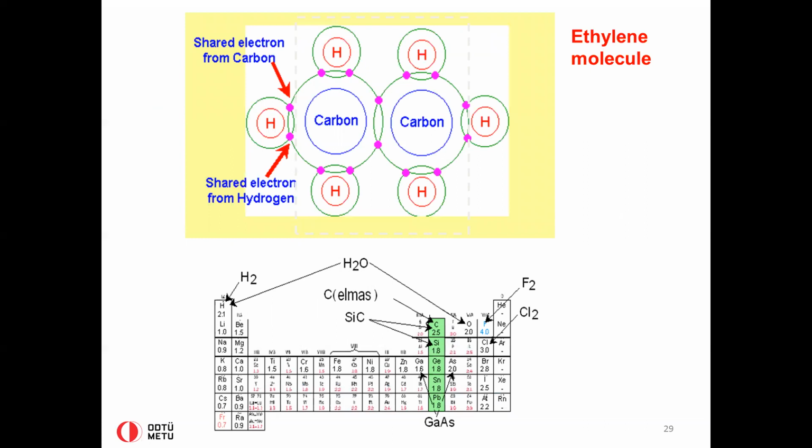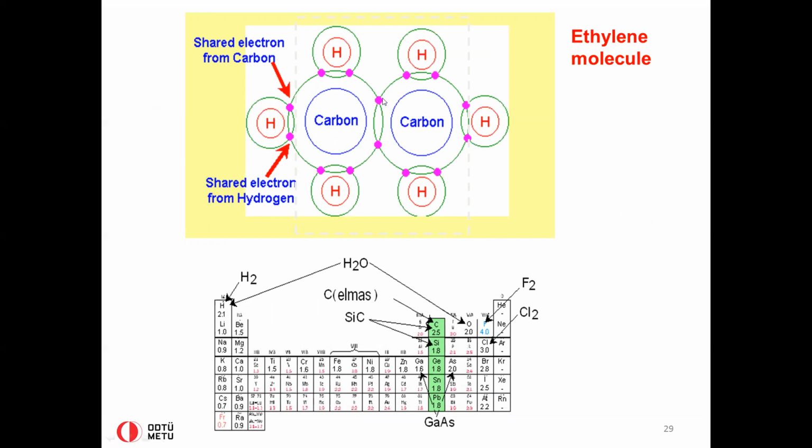So the ethylene molecule, C2H6, is another example of an electron sharing situation. Hence, it is a covalent structure.